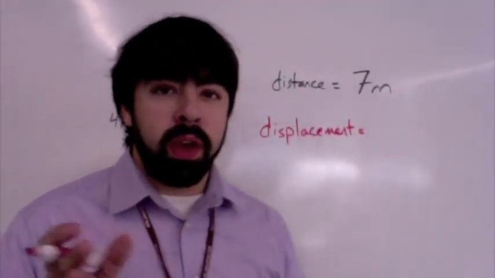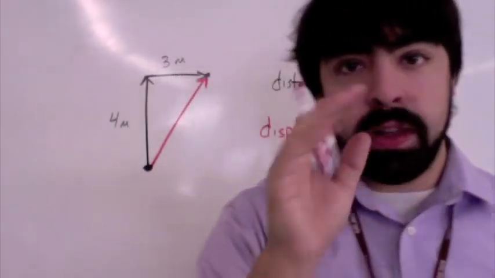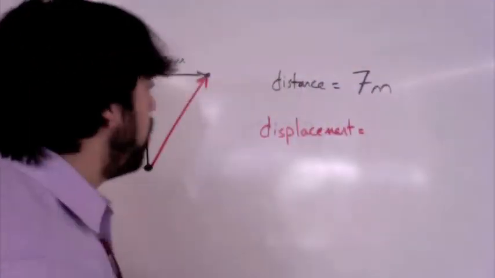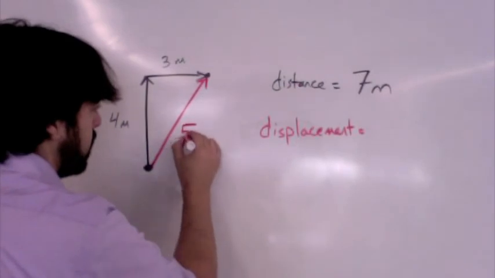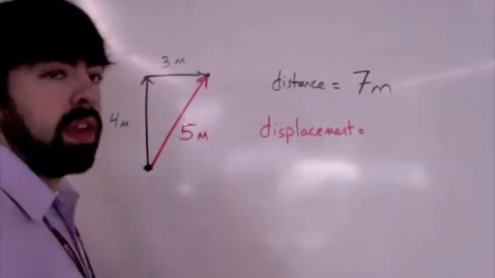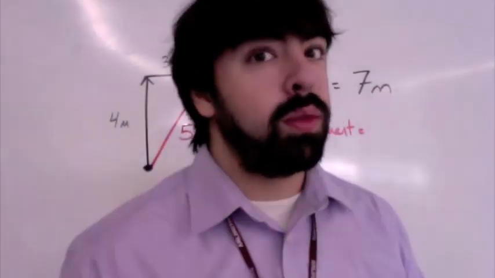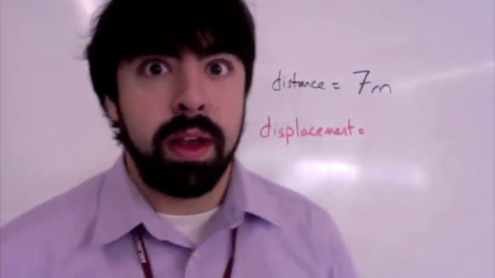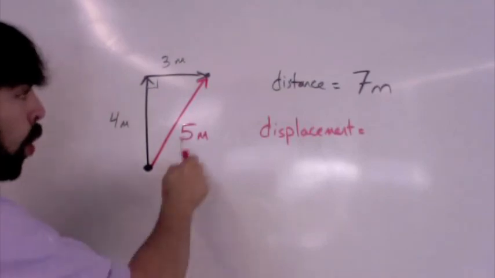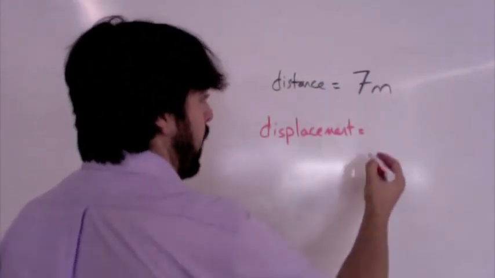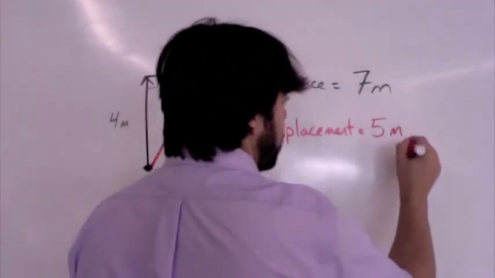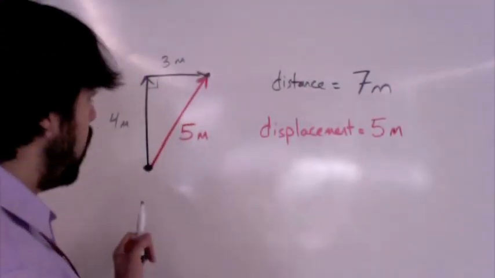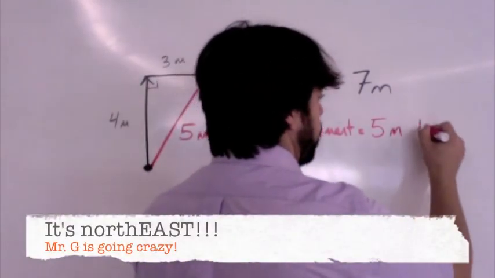And we can go into the mathematics about this a little bit in class, but for now, can any of you tell me what math I used to figure this out? Tell me in class. The overall displacement is going to be 5 meters northwest.